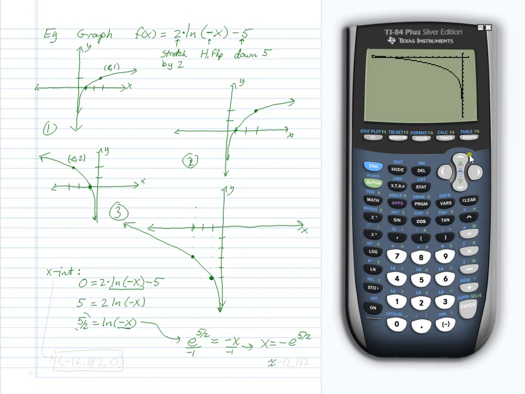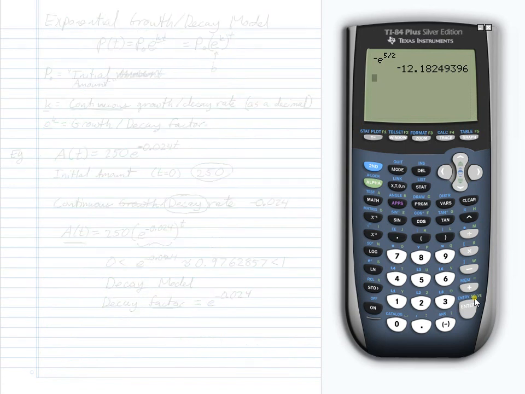If I raise e to the 5/2 and take the negative, I find this is approximately negative 12.182. So we'll see more of that type of thing later on in the chapter.